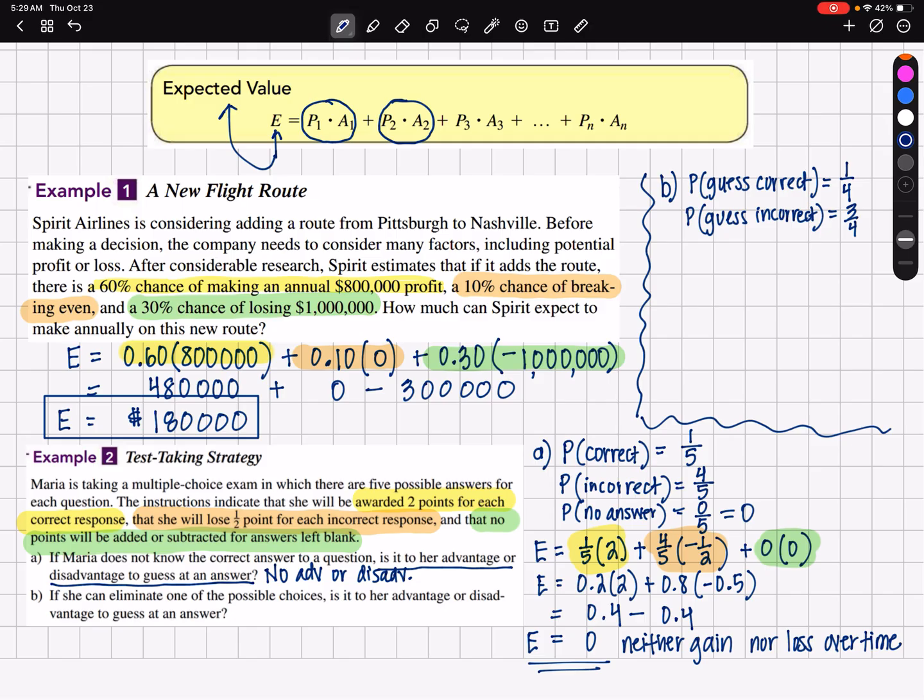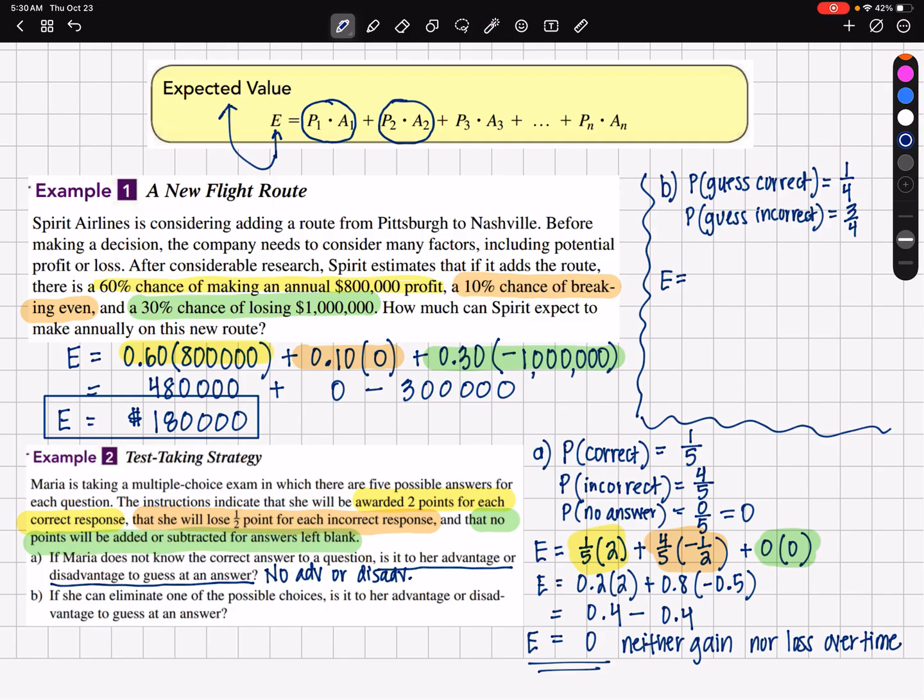So guessing incorrect would be 3 out of 4. And of course, we already know that if she doesn't answer, it's going to be a 0. So I'm not going to worry about that this time because I've just done this problem. So I understand that that third piece is just going to be a 0 if she doesn't answer, because no points are going to be added for answers that are left blank.